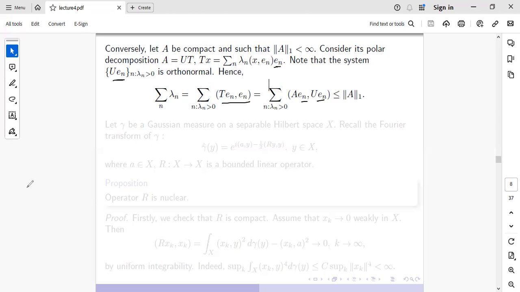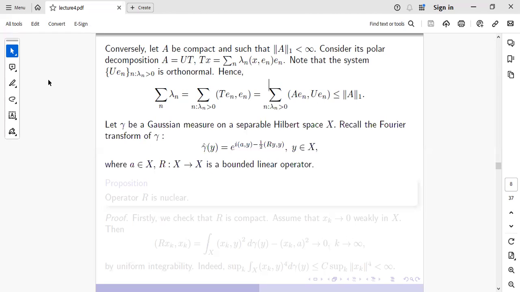So now, using this notion of nuclear operators, we describe Gaussian measures on a separable Hilbert space. I recall that last time we got the Fourier transform of Gaussian measures in the form of exponent of i(a, y) minus 1/2 (Ry, y).